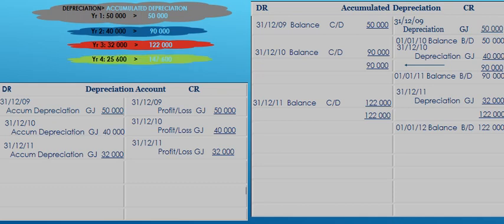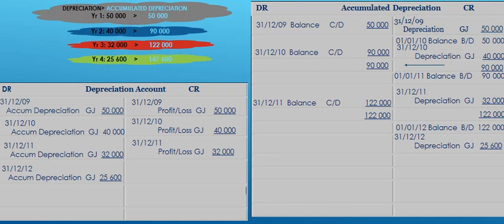In year 4, depreciation was calculated as 25,600. This entry will be reflected in the depreciation expense account on the debit side at the end of 2012 as accumulated depreciation amount 25,600. The same entry will be credited to the accumulated depreciation at the end of 2012 as depreciation posted from the general journal.